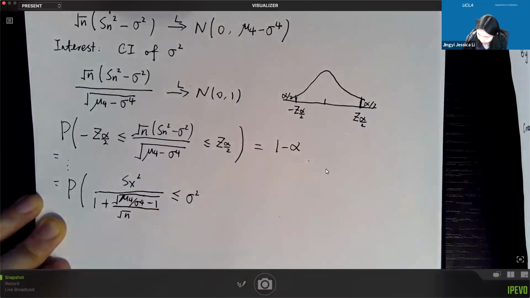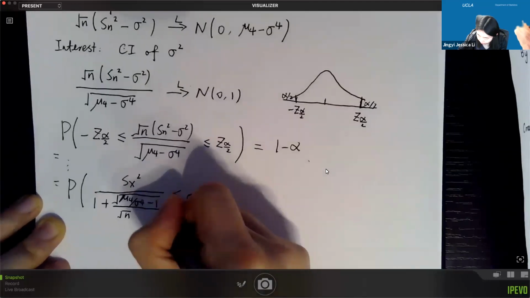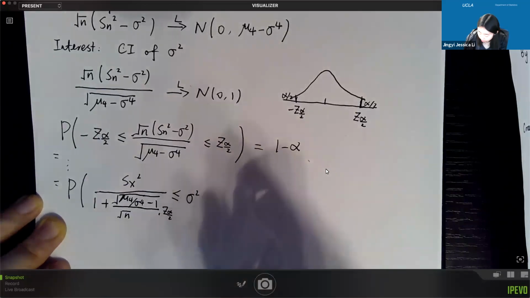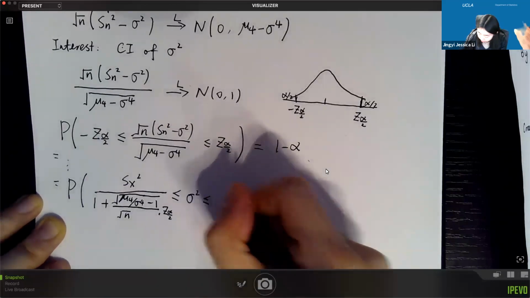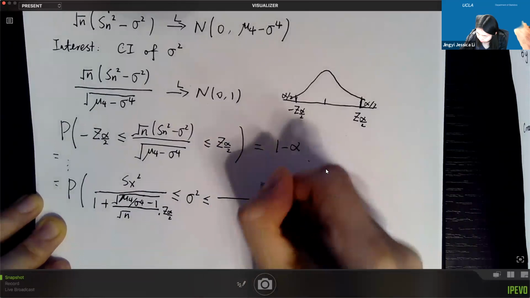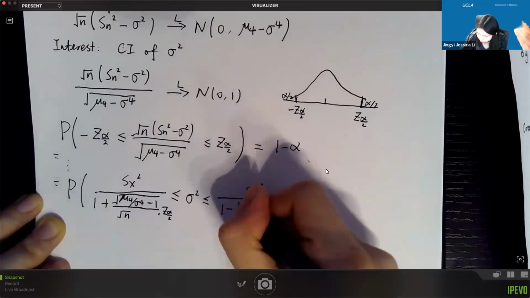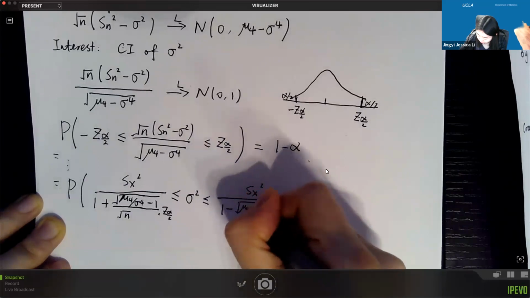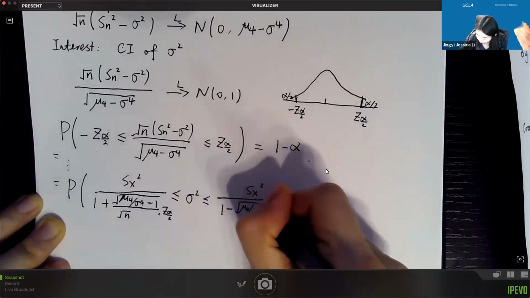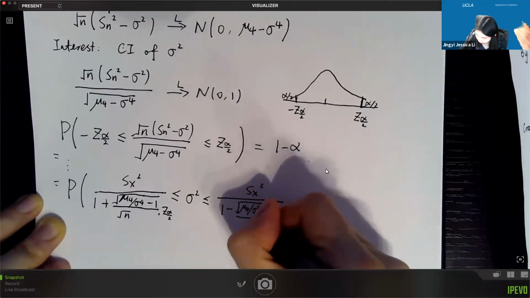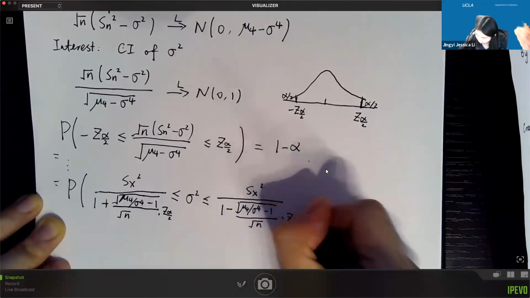On the right-hand side it is almost the same but with the sign changed: Sx squared divided by 1 minus the square root of (mu4 over sigma to the power 4 minus 1) over root n times z alpha over 2.